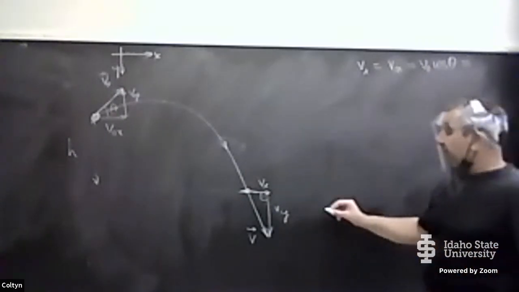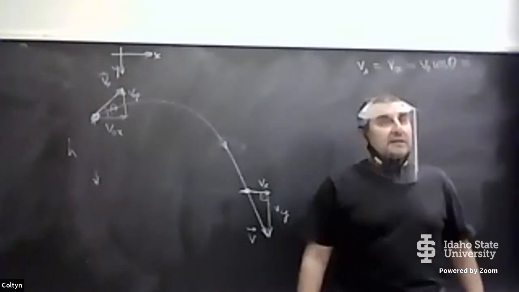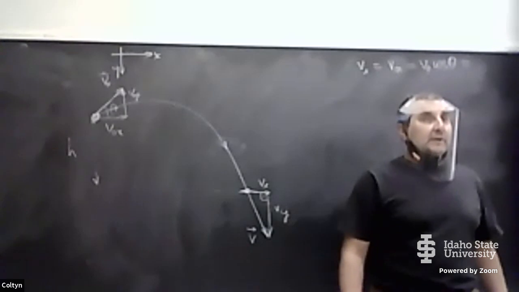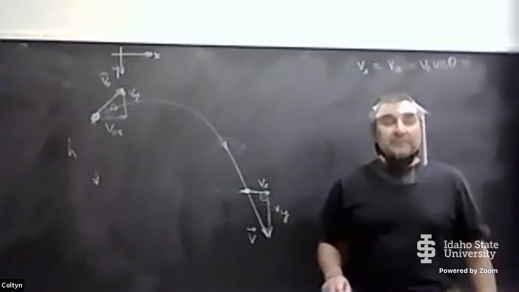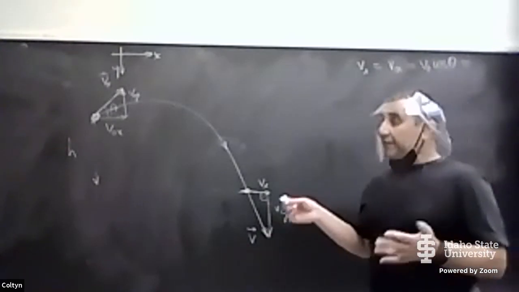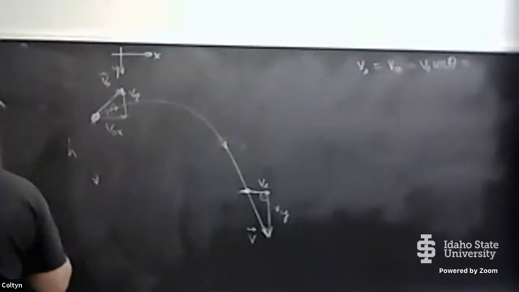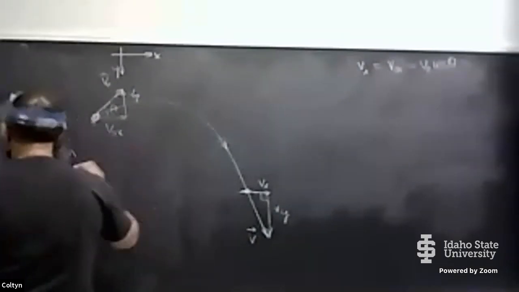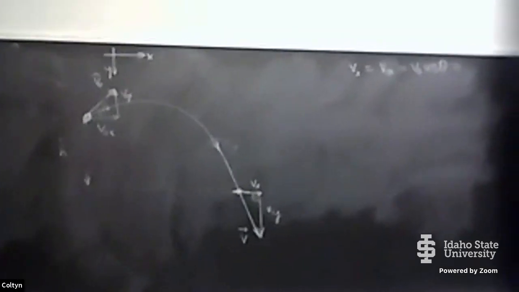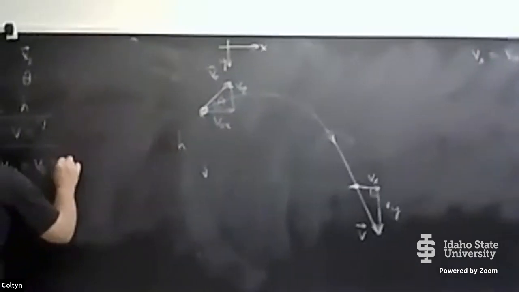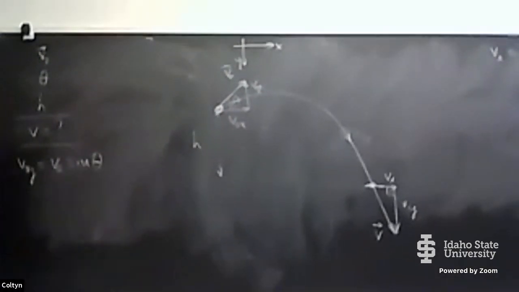Now the question is to figure out the y component of final velocity. For this, you have to figure out what you know about the y components. Well, you see from the diagram that initial velocity y component is equal to launch velocity multiplied by the sine of the angle that they give you.